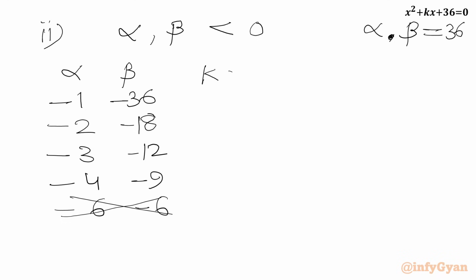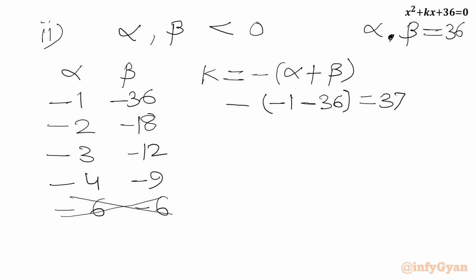So k will be equal to minus of alpha plus beta. We get k value minus of minus 1 minus 36, value will be plus 37. Minus of minus 2 minus 18, value will be plus 20.